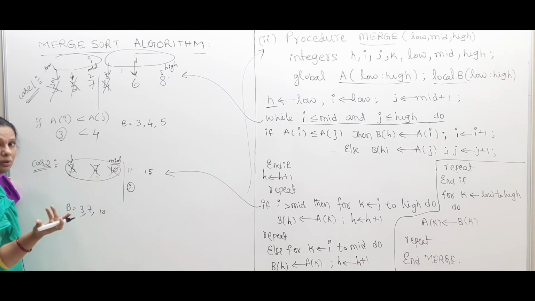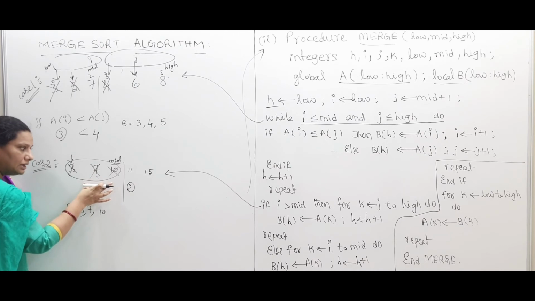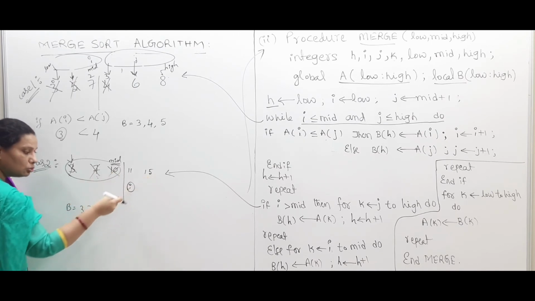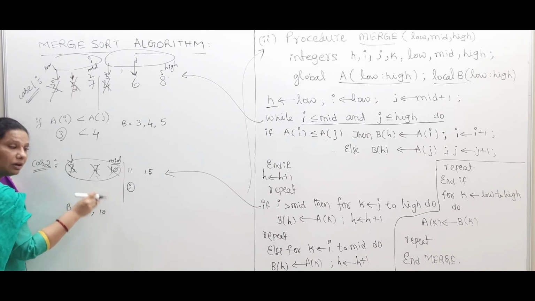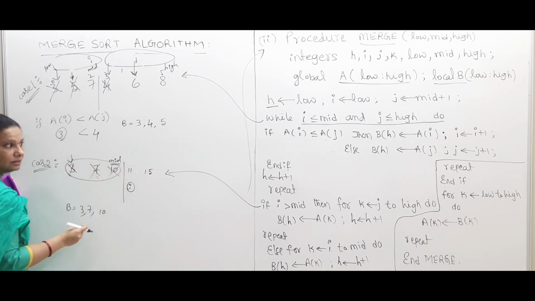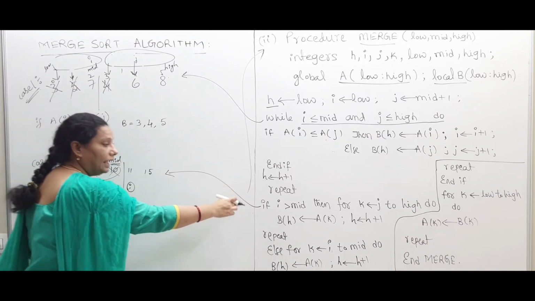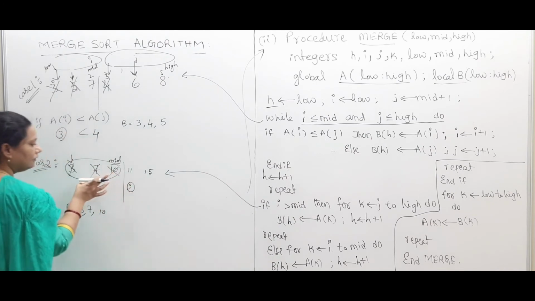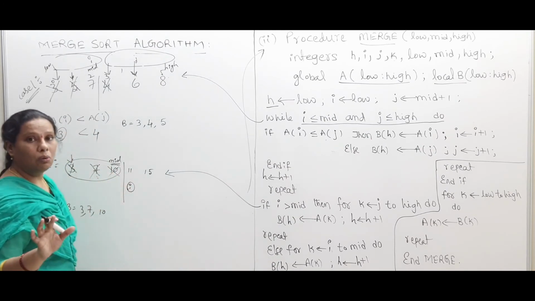So what do we have to do? As I told you in the last video, if one subdivision's elements are over, blindly you have to transfer the remaining elements to the array, because they are already in sorted order. The same thing I have written: if i is greater than mid, it implies that the first division elements are over.